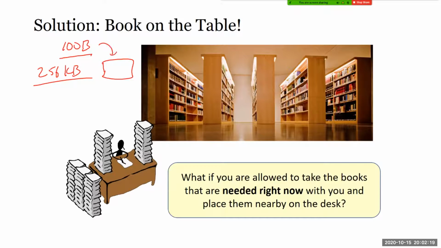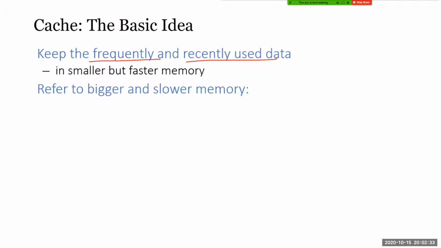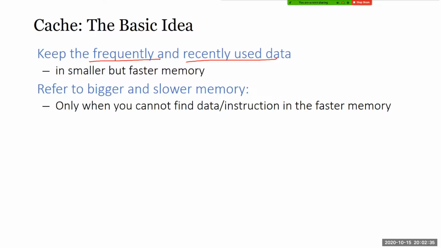Then as your registers need, you can deal with the data here. Basically, we keep frequently and recently used data near the CPU in this little cache. Only when you cannot find the data you want, say the instruction jumps somewhere else, then okay, no choice.